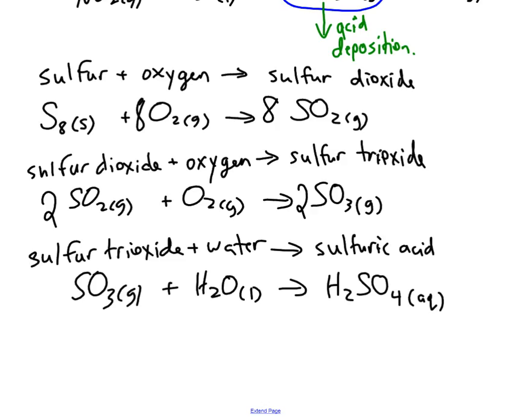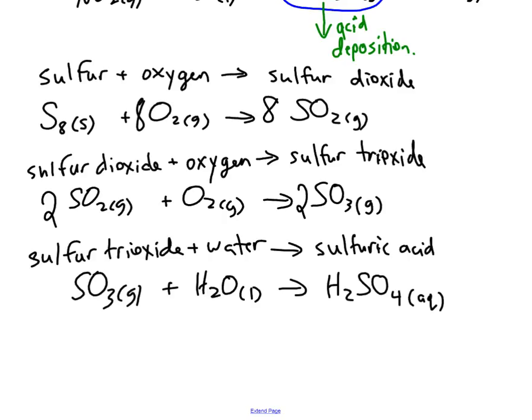Okay, and the second set of reactions involves the conversion of elemental sulfur to sulfuric acid, or aqueous hydrogen sulfate, as we would correctly name it, as an acid. So we're starting with octahedral sulfur, and we've seen a similar reaction balance before with oxygen.